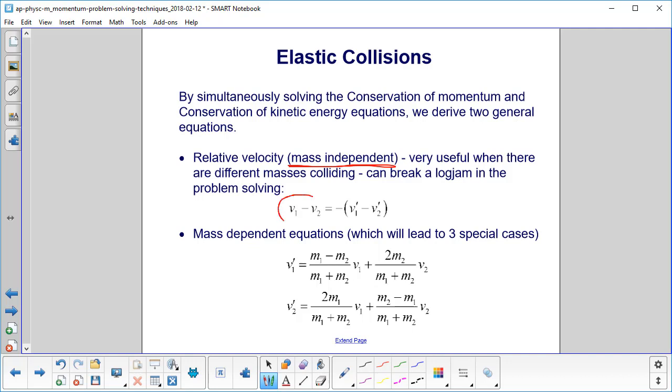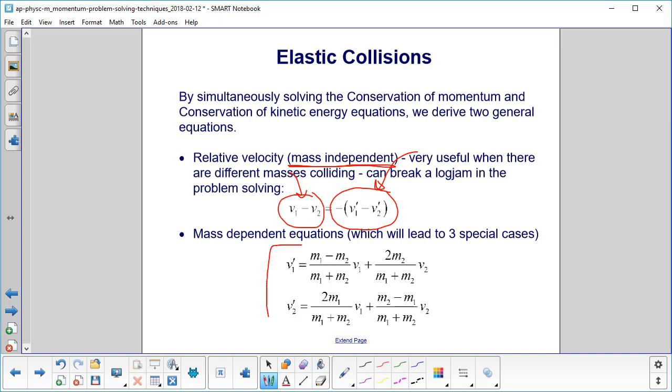So what you have here is v1 minus v2 will equal the negative of v1 prime minus v2 prime. So basically you have one relative velocity here, and when you're done, you have the negative of your initial relative velocity. So you can use that a lot in different problems if you're stuck. See if that will work and give you some good answers.